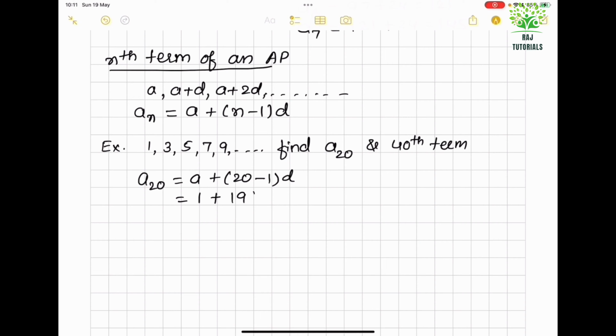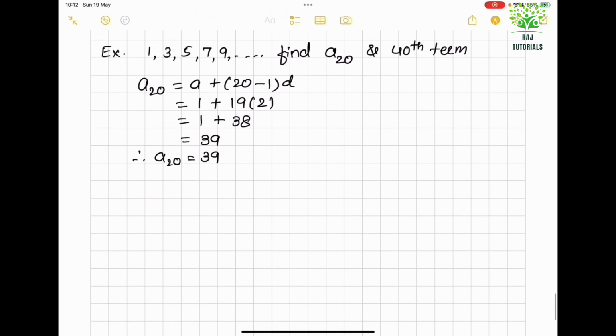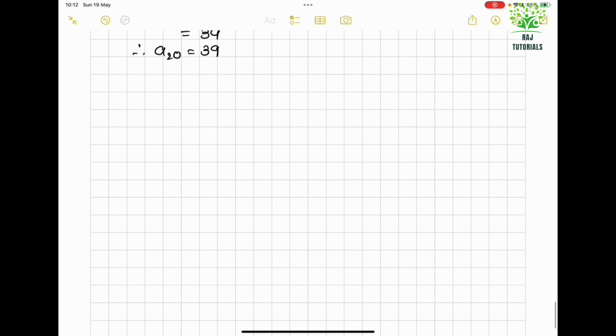So 1 plus 19 into 2, 1 plus 38, so 39. Therefore, A20 is 39.